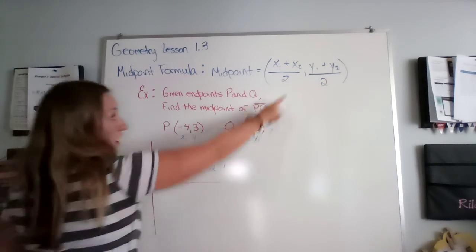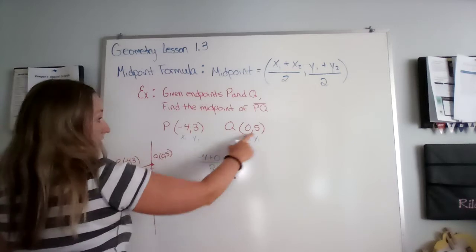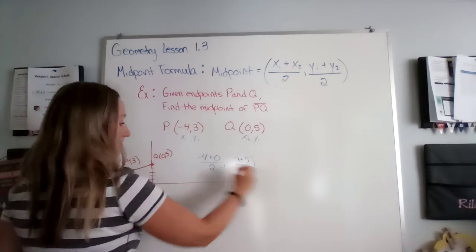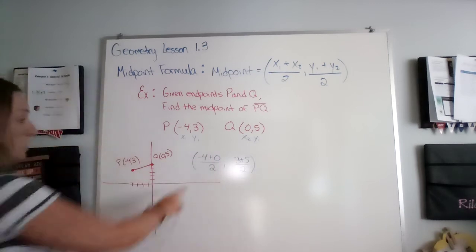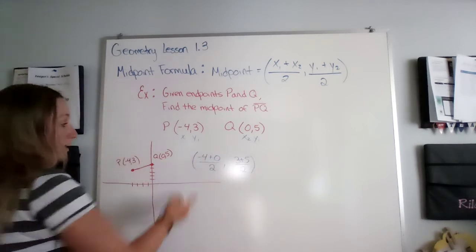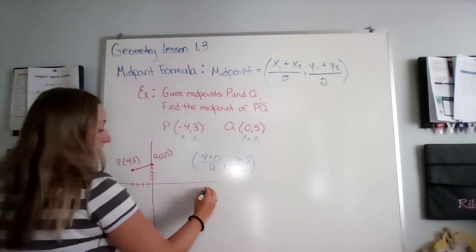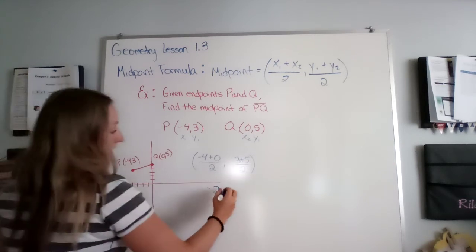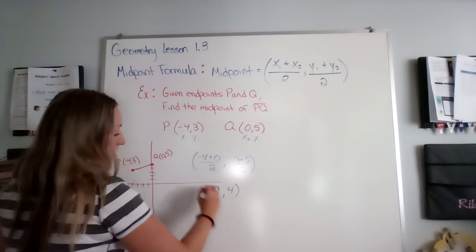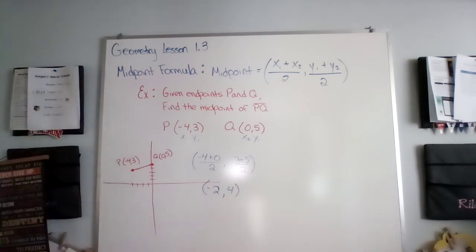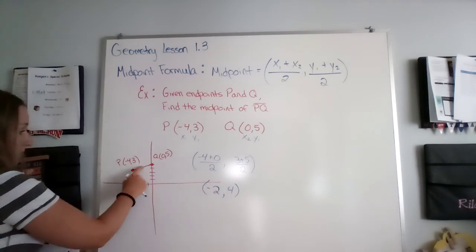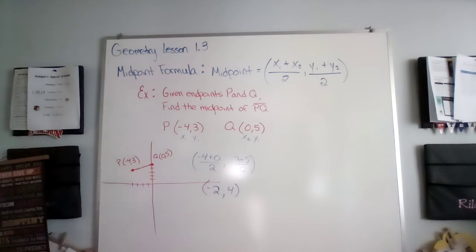And then you're going to take your y's, 3 and 5, add them together, and divide by 2. So -4 plus 0 is -4. -4 divided by 2 is -2. 3 plus 5 is 8. 8 divided by 2 is 4. So the midpoint should be located at (-2, 4), which if we approximate where that should be, right there, it looks like it is, okay?